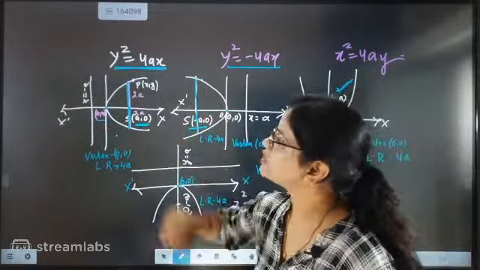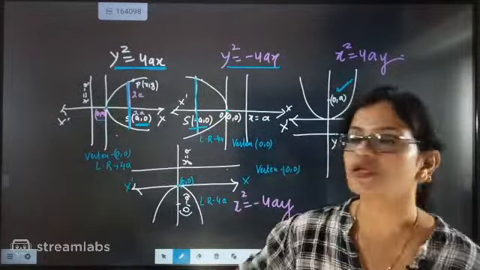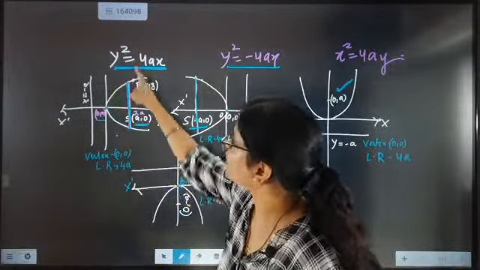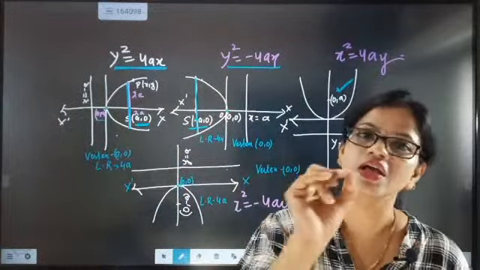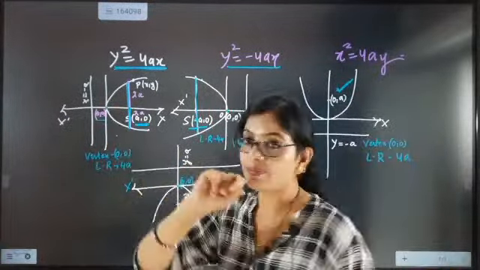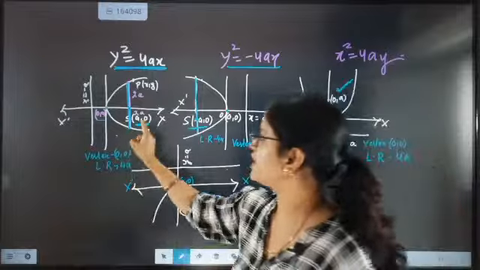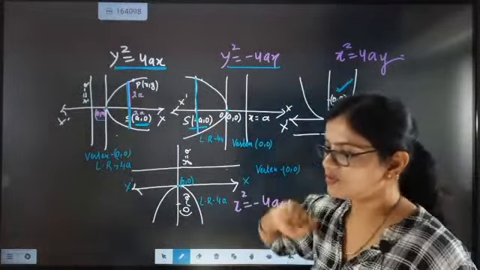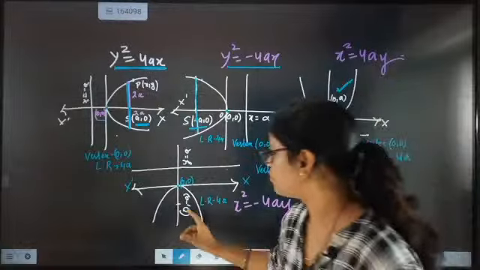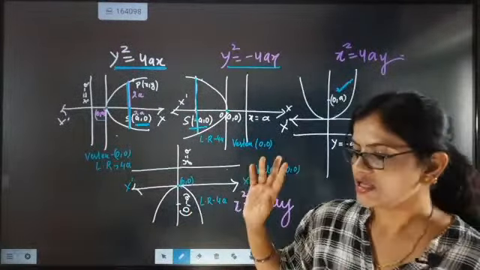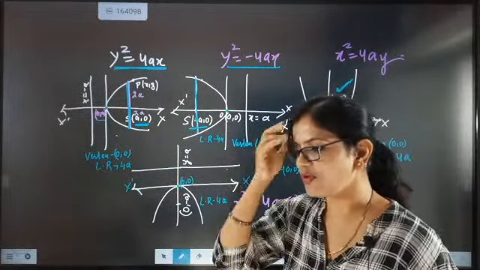So now beta, according to the equation you will be finding the focus. When y square is 4ax, if the parabola is touching the origin, then the focus will be a comma 0. Here the focus will be minus a comma 0. Here the focus will be 0 comma a. Here the focus will be 0 comma minus a. Just remember these points.